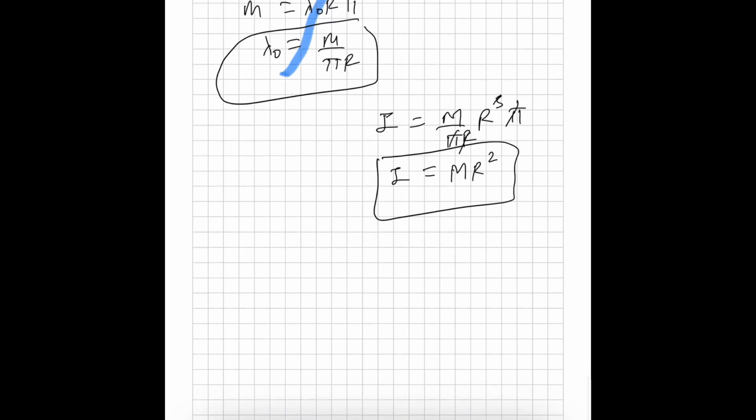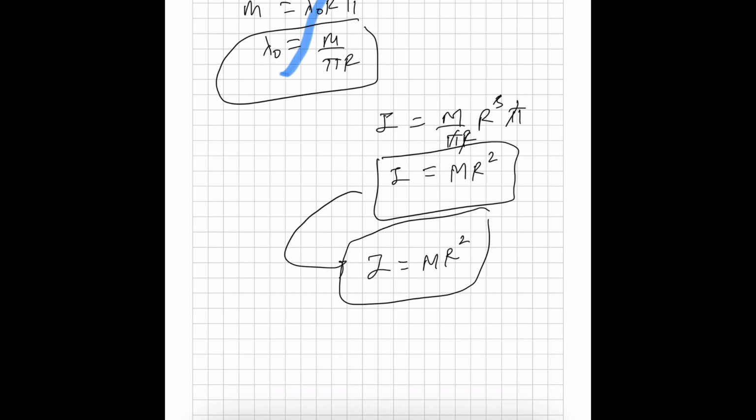So isn't it amazing that finally we have got this expression I equals m r square. It might have come out different, but we are getting the same expression I equals m r square.